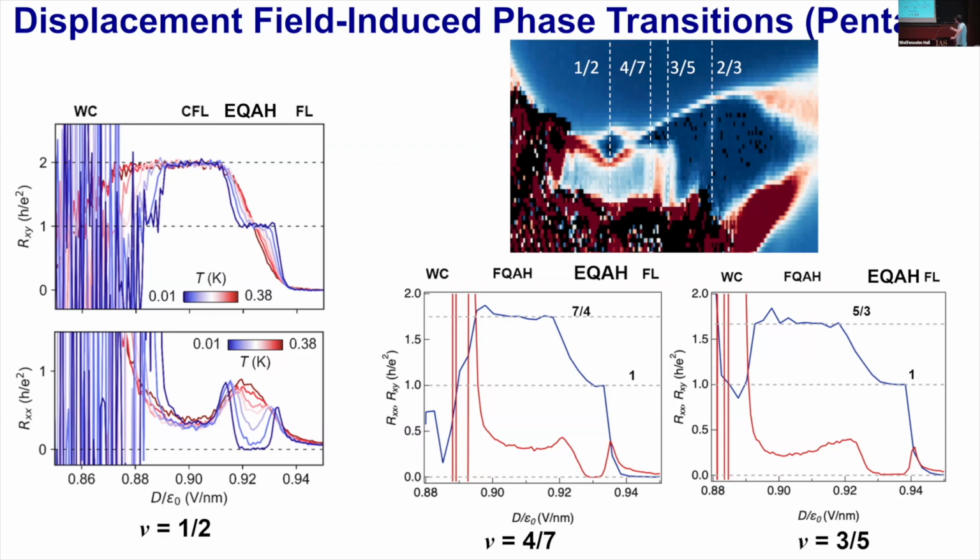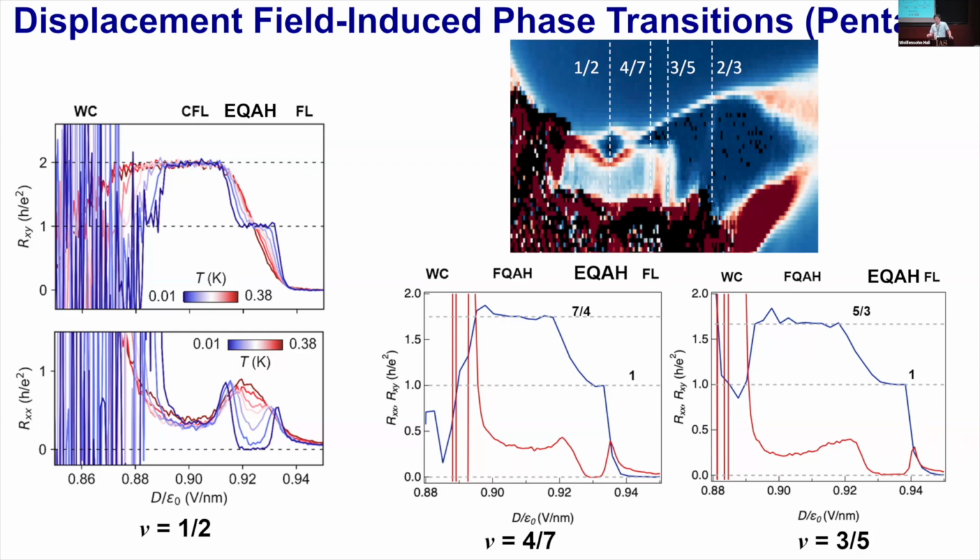And if you park at the filling factor that's 3/5 and 4/7, what you're going to get is, at a low displacement field, you still have the fractional quantum anomalous Hall effect. You still have the right value of RXY corresponding to the fractions. But as you go higher in displacement field and get into this bluish region, it's quantized at h over e squared in both cases.